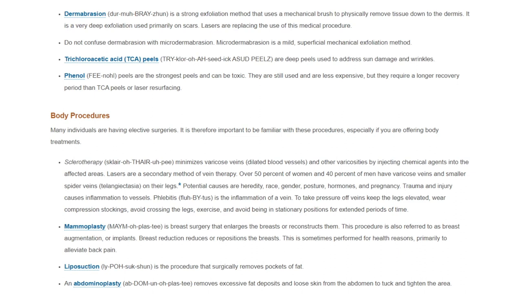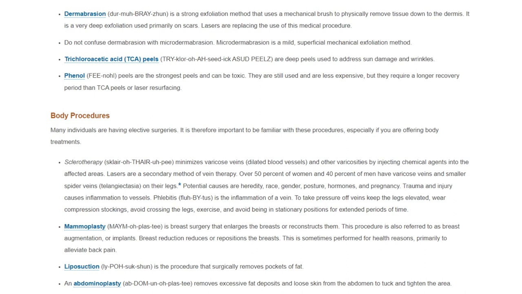Sclerotherapy minimizes varicose veins, dilated blood vessels, and other varicosities by injecting chemical agents into the affected areas. Lasers are a secondary method of vein therapy. Over 50% of women and 40% of men have varicose veins and smaller spider veins, telangiectasia, on their legs.